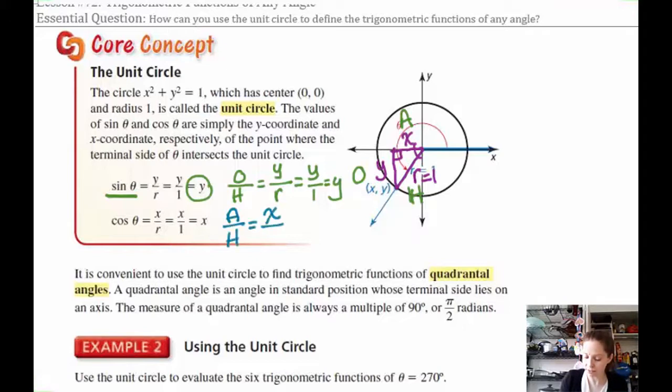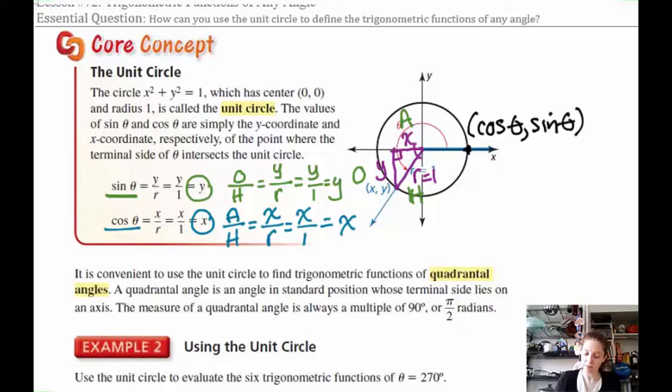Adjacent side is x, hypotenuse side is r. In a unit circle, r is 1. x divided by 1 is x. So the cosine of theta is x. And you are, through lots of practice, going to need to memorize that in the unit circle, each point can be represented as (cosine theta, sine theta). Right? Because cosine theta is x and sine theta is y.